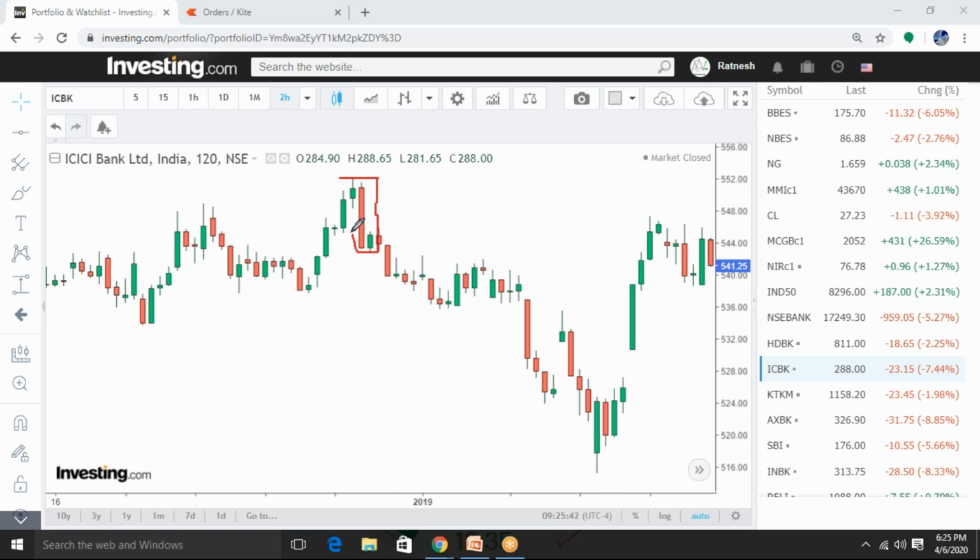Clearly you will observe the engulfing pattern, and this is also almost a spinning top. But if the color is red, then it is most favorable. The color is green. So you can consider it as a spinning top, but this is a clear cut engulfing.